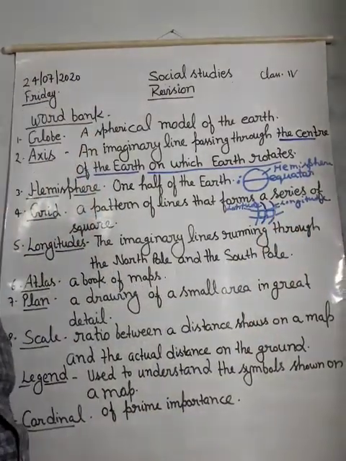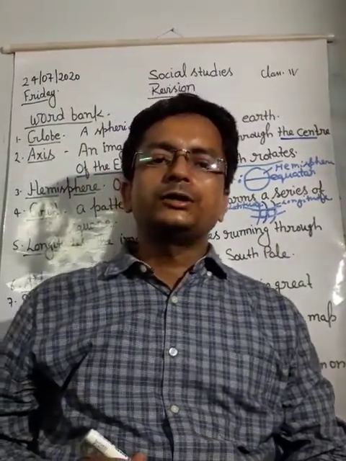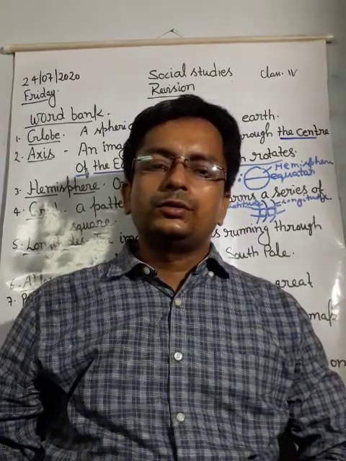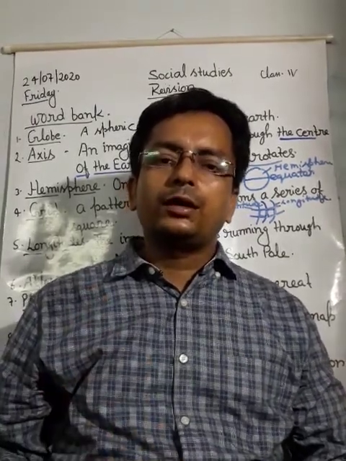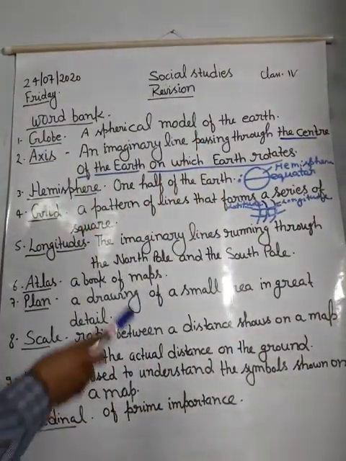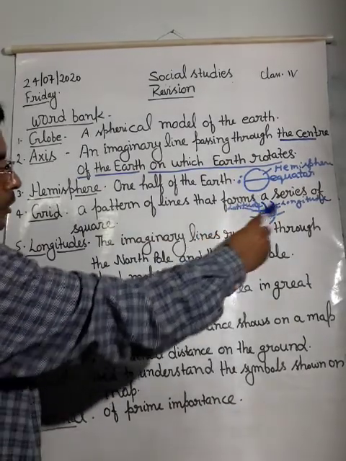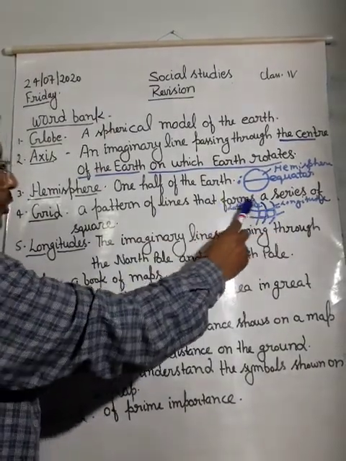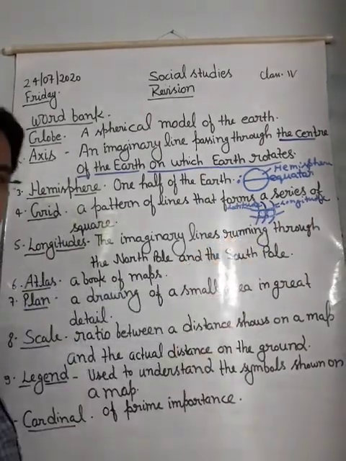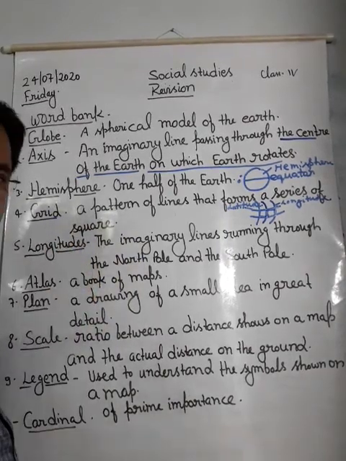This shape is called a grid. And my dear students, a grid is used for locating any place on the earth exactly. A pattern of lines that form a series of squares is called a grid.